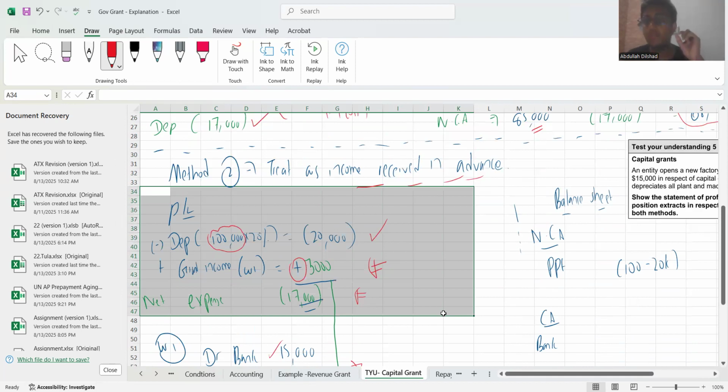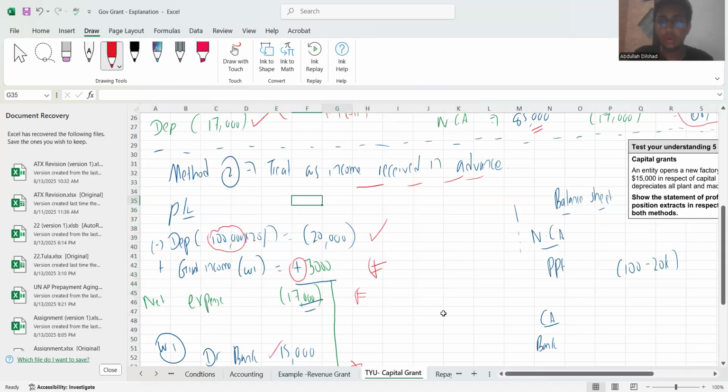Both will arrive at the same value. It's just the presentation that differs. In method number 1, you only showed one line item. In method number 2, you're showing two line items. Simple. But the answer is the same. Whether you use method number 1 or method number 2, you will come up with the same answer for your capital grant.